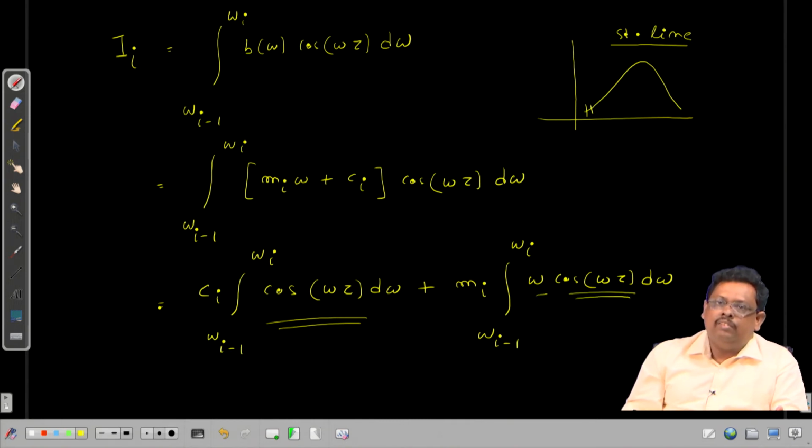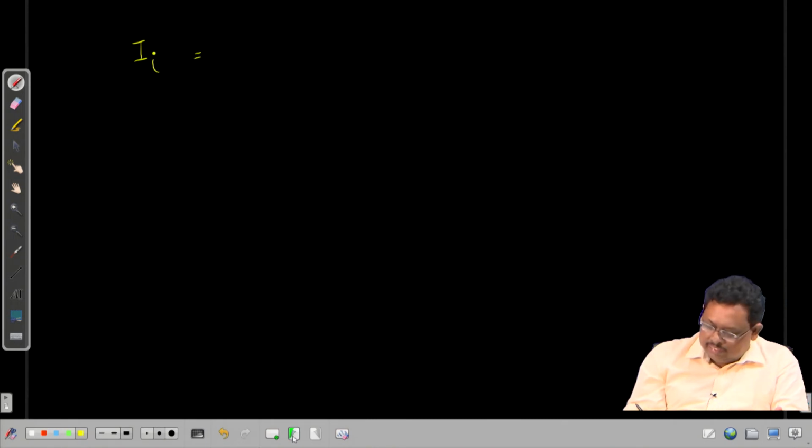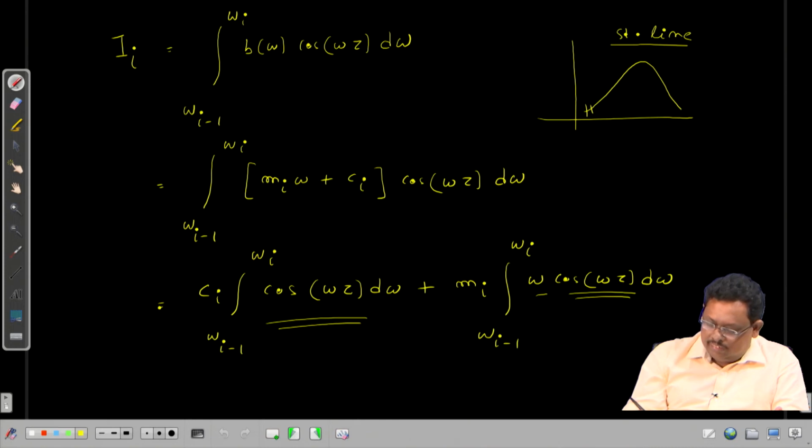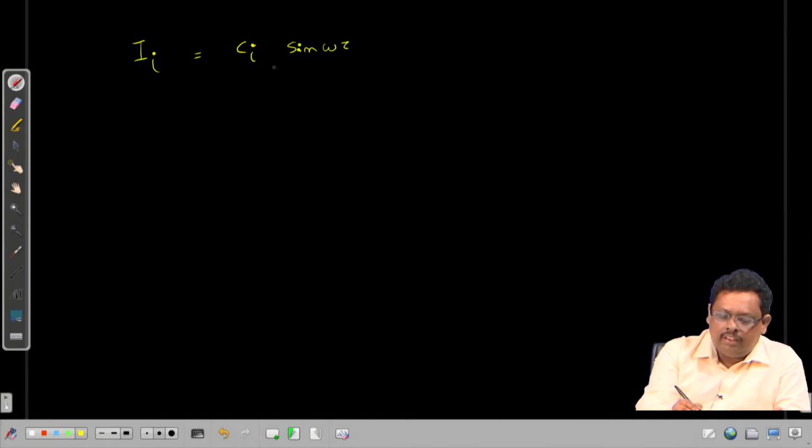you have to do a little bit more mathematical work, integration by parts you need to do to find out. I know that you know these things very well, but still for completeness. So, the first case, C_i is there, so then it is sin(ωτ) by τ.